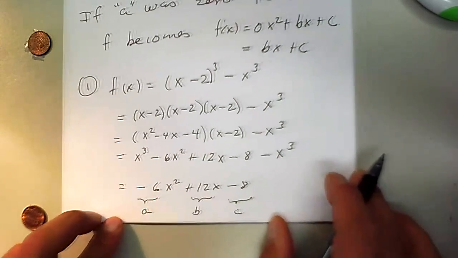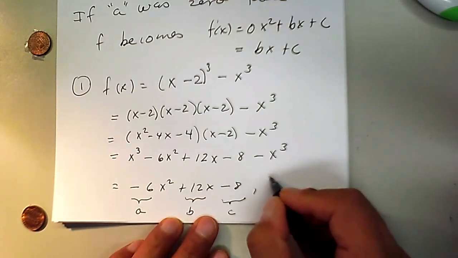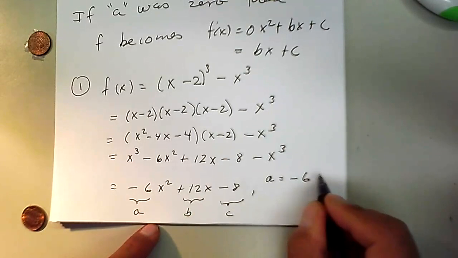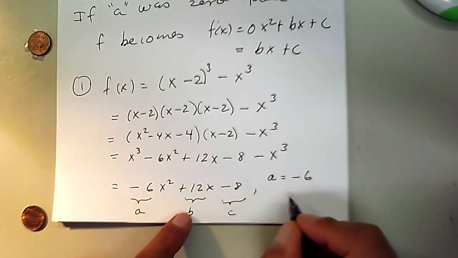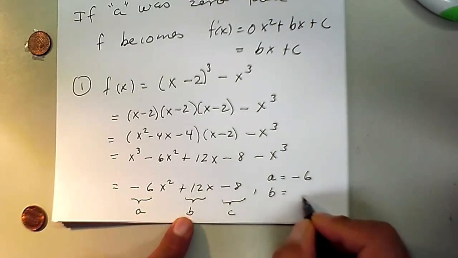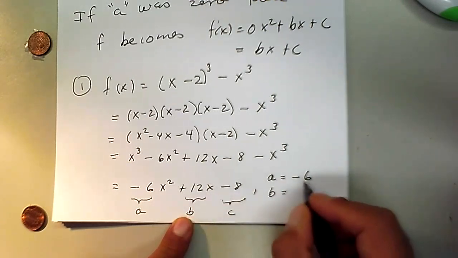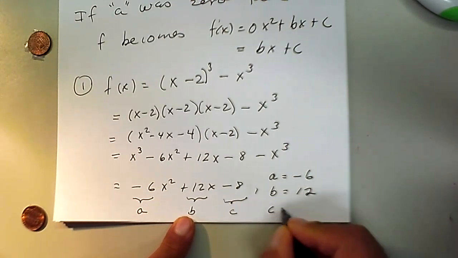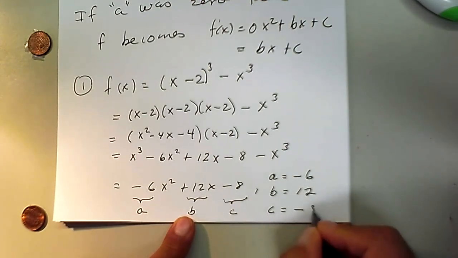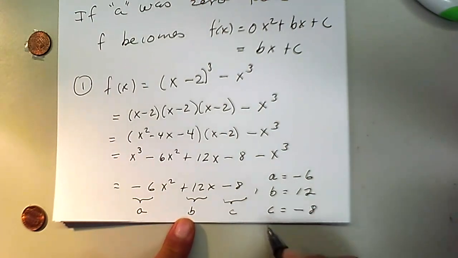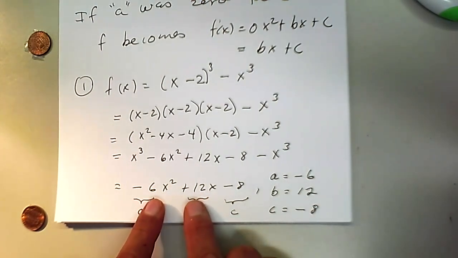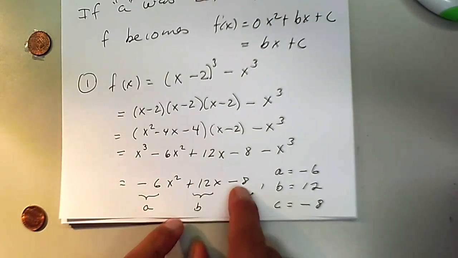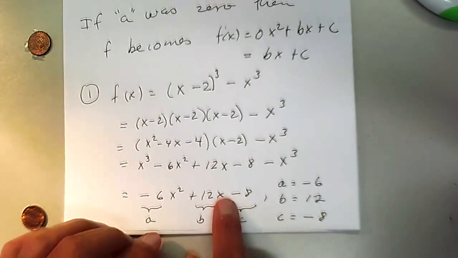Let me write this down to make it clear. a would be negative 6, not negative 6x squared, just the negative 6. b is the coefficient of x, just the 12. And c is negative 8. So no x's in a, b, c. Those are the coefficients of x squared, x, and the constant, where there's no x.